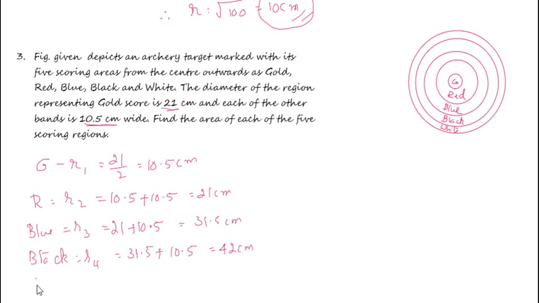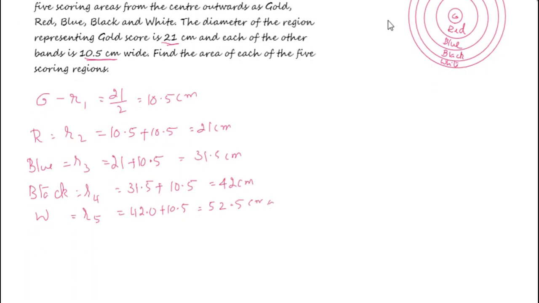The last one is white, that is R5, that is equal to 42.0 plus 10.5 is 52.5 centimeter. These are the radii of each band. Now we need to find out the area of each region. Now first one, gold. Area of gold region.